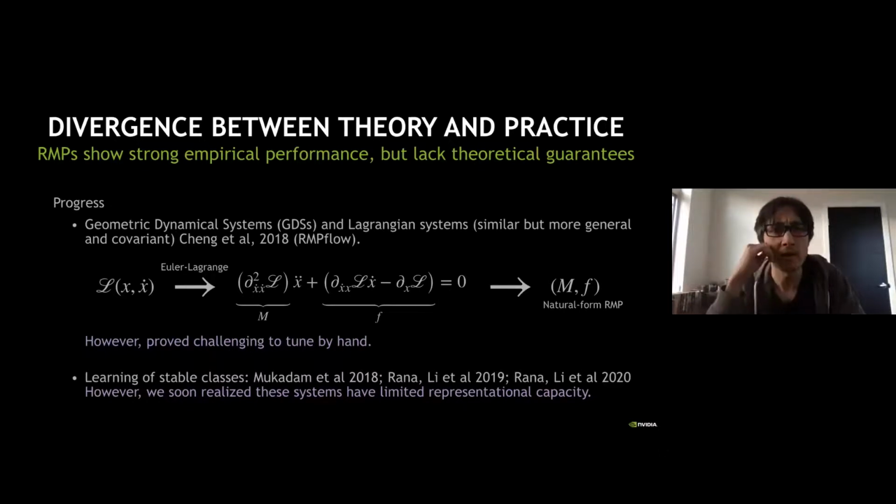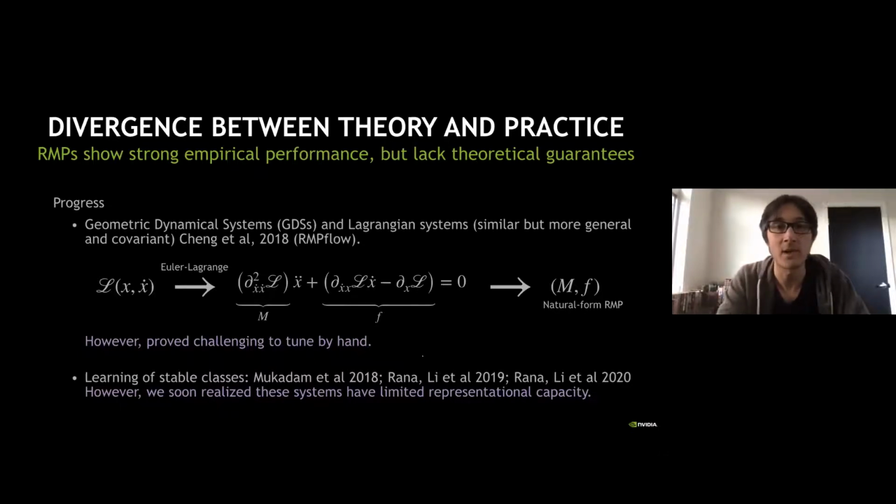And so early on in one of the original papers, we developed something called geometric dynamical systems, which is a version of this that is provably stable. But we played with that a little bit, and it just proved challenging to tune by hand.